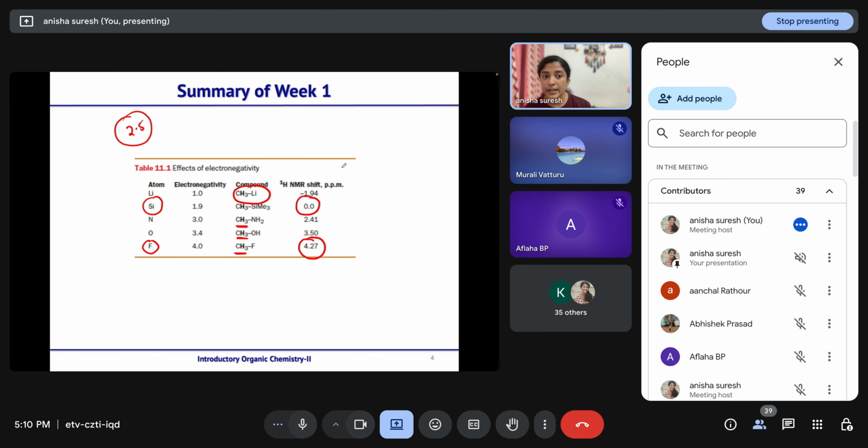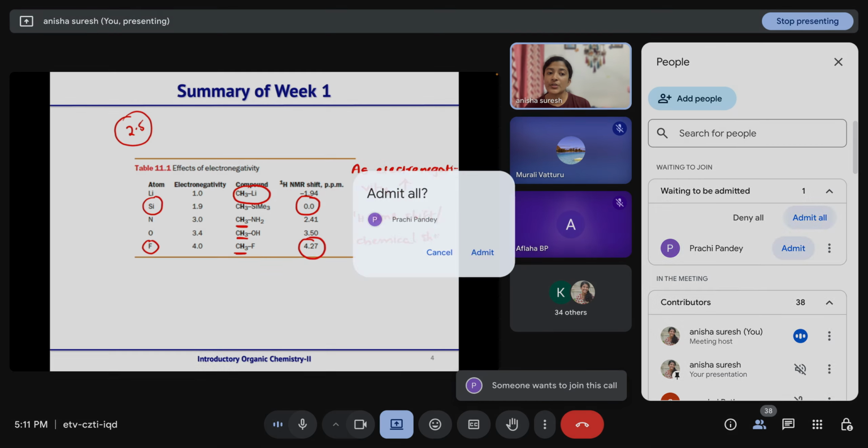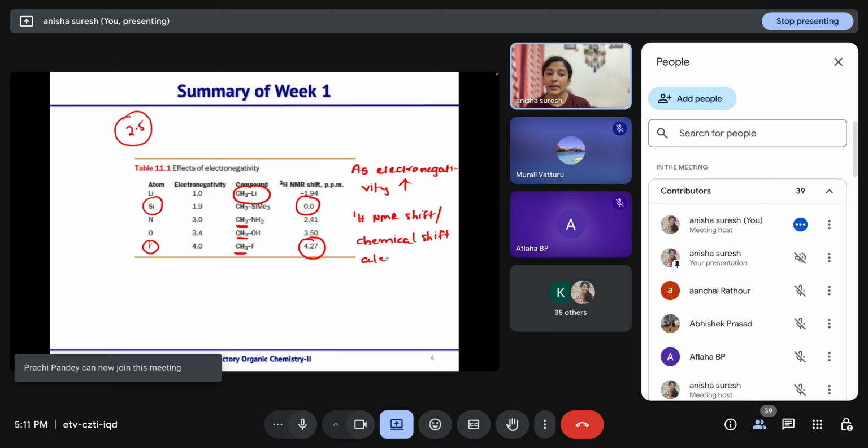So what we have to conclude from this is that as electronegativity increases, the proton NMR shift or the chemical shift also increases. So this is the effect of electronegativity on chemical shift.